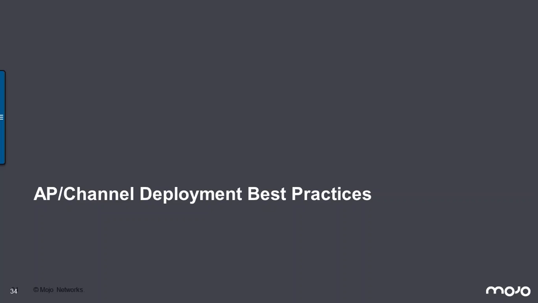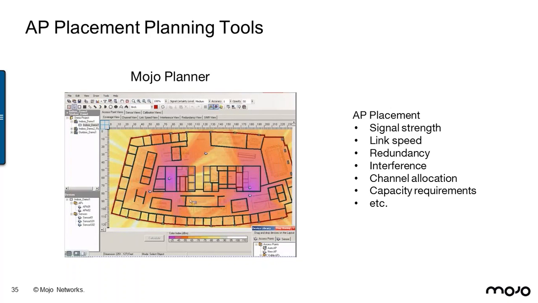Okay, just quickly for AP channel deployment best practices. We talked about this last time. Mojo Planner is freely available to our customers and partners, and it's easy to use. It's full featured, but we really tried to streamline the workflow so that it doesn't take any training to get to use it to do your planning. And of course, it looks at the type of applications that you're running, the number of devices and the types of devices that you're going to have in your environment, and it factors all that in to give you a predictive plan.